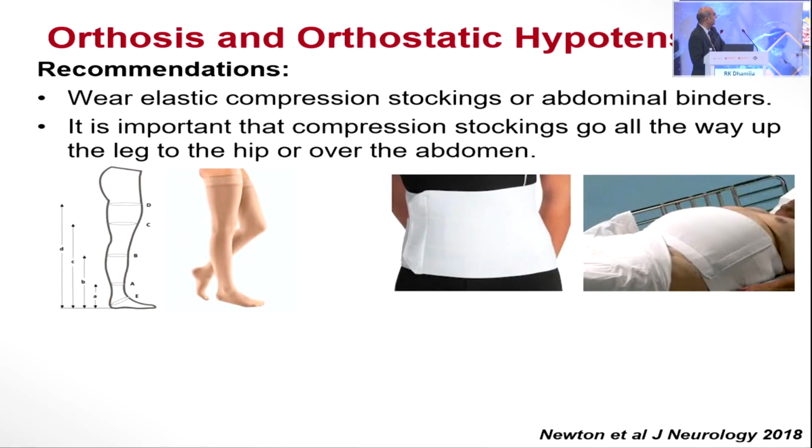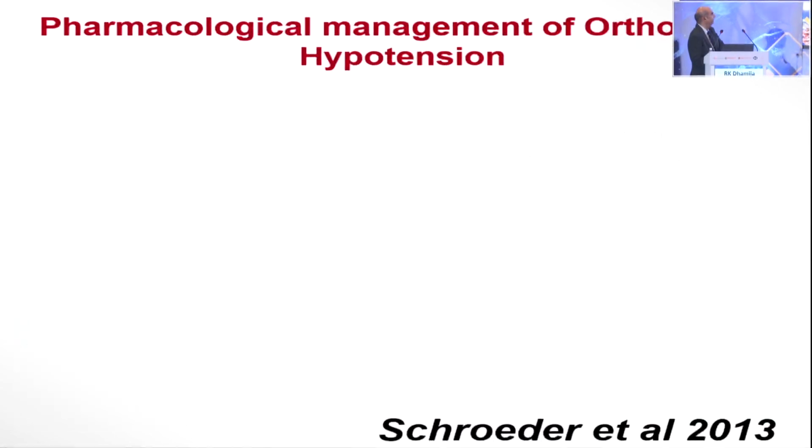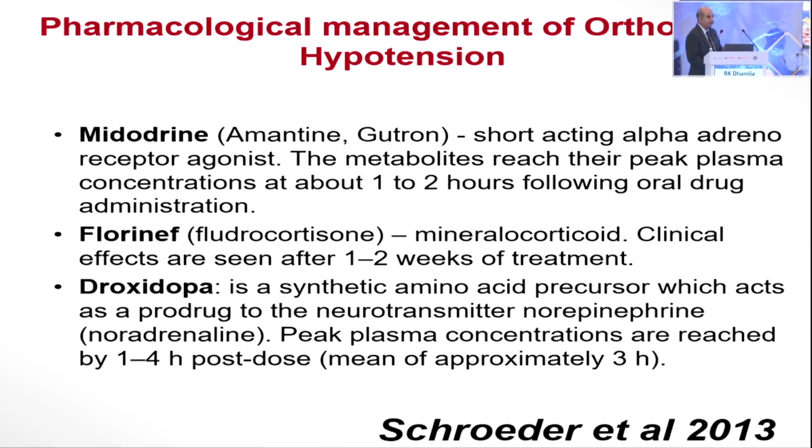Another thing we recommend is elastic compression stockings up to the level of the thigh, or the important thing is up to the level of the hip or the abdomen. That is again studied in many studies. You can see abdominal compression is very efficacious as a non-pharmacological method, in addition to the drugs which we usually use in case the non-pharmacological methods fail. Drugs you all know: midodrine, fludrocortisone, and droxidopa, and of course sometimes pyridostigmine is also being used.